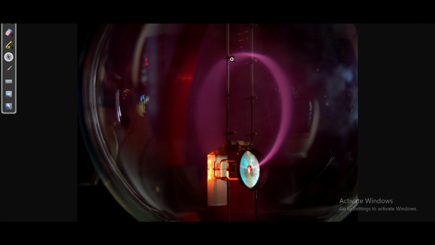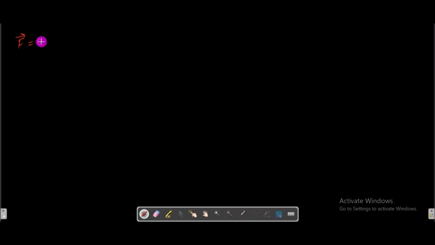This circular path of the electron comes from the force exerted on the moving charge by the external magnetic field, which is given by the Lorentz force, equal to qvB. This force is exerted in such a way that the electrons follow a circular path.